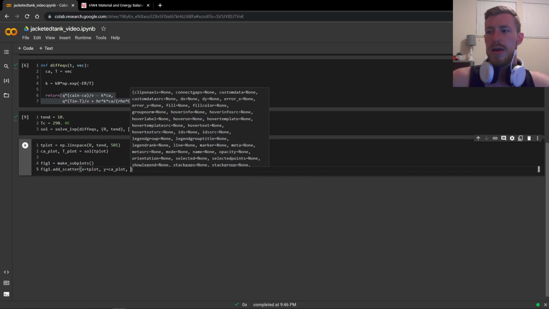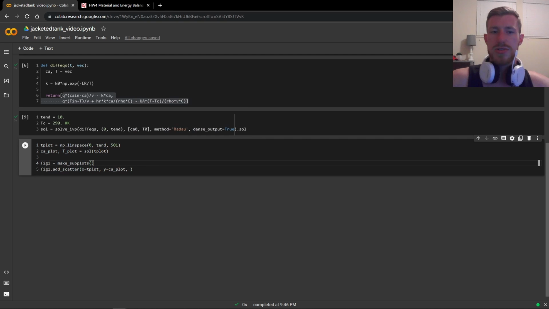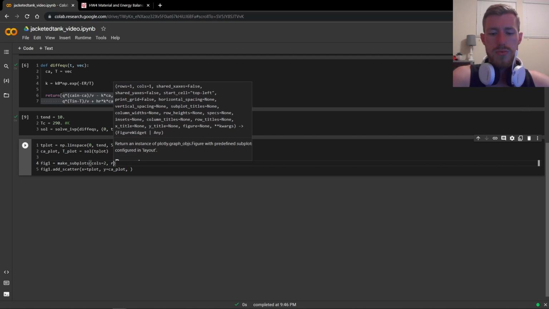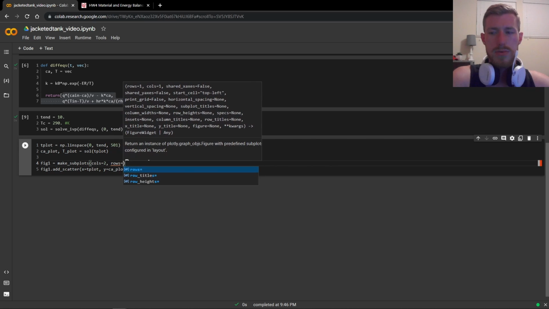We want to have them side by side, now that I think about it, because that's the final output. It's really nice to have one right here and one right here so that you can see them both and see how they correspond to each other, especially as we change the temperature. So we want them side by side, so we'd have 2 columns in a single row. So cols is going to be equal to 2, rows equal to 1.